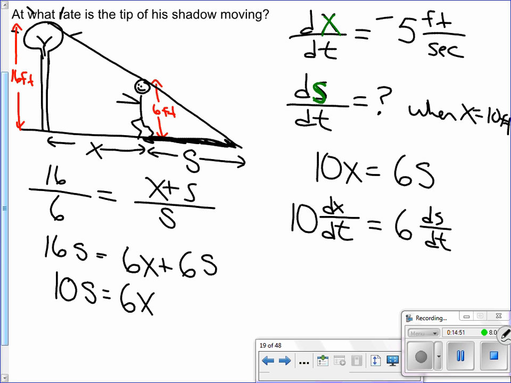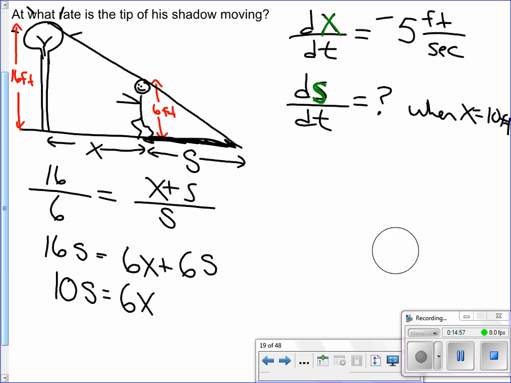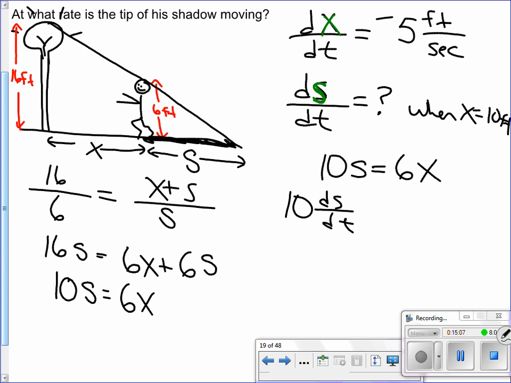All right. I couldn't, thank you. Now you got to erase everything so I didn't copyright. 10s equals 6x, sorry. 10 ds dt equals 6 dx dt. And we know dx dt is equal to negative 5.